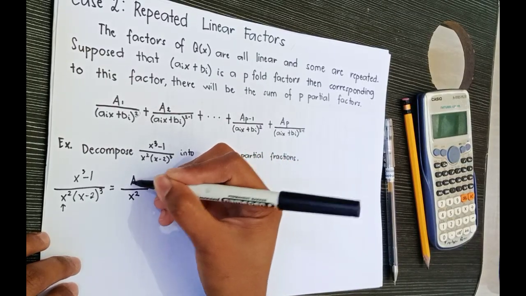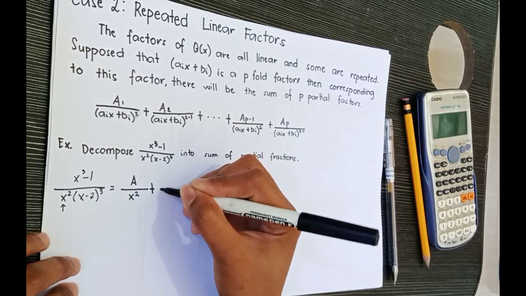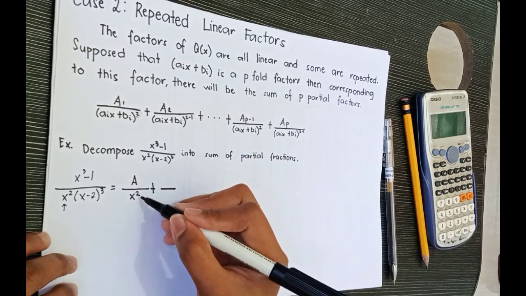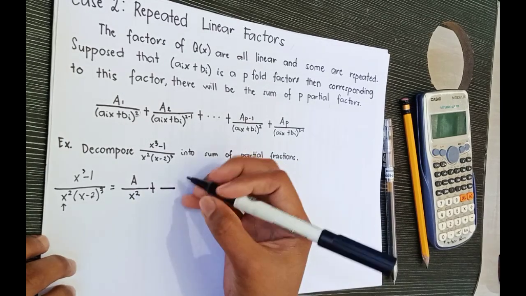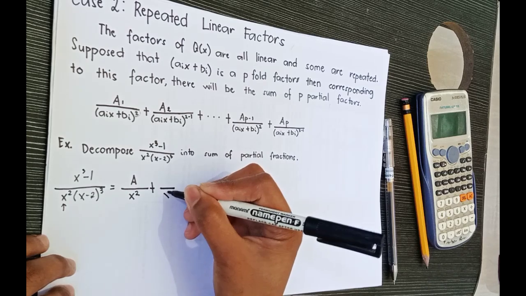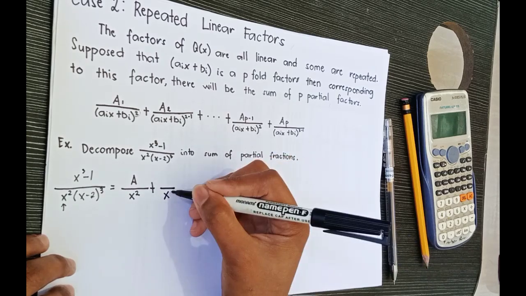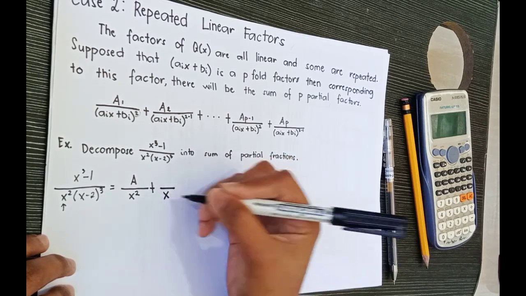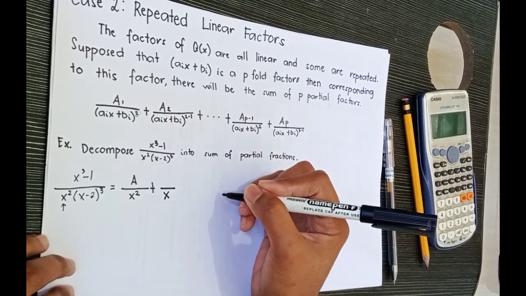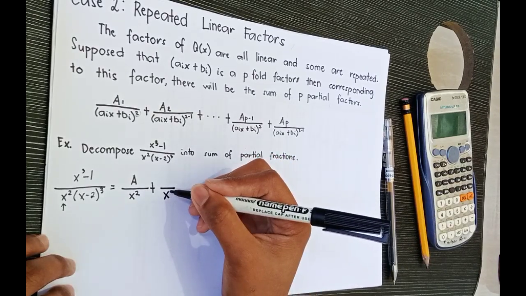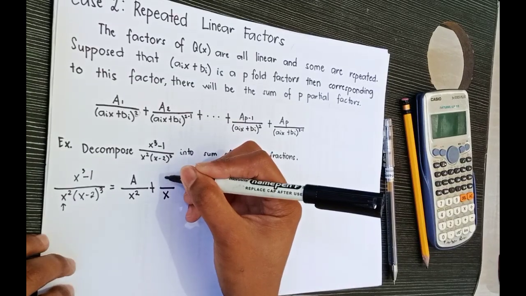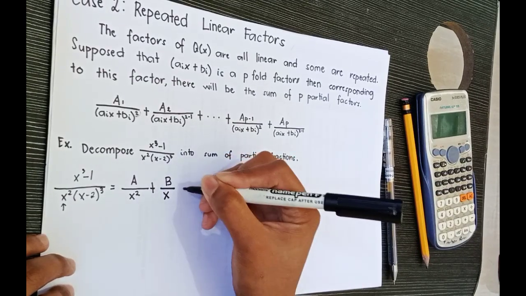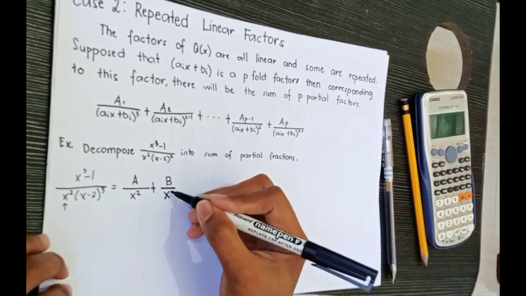So, let's say A. Plus, now we deduct 1 from the degree of x. So we have x raised to 2 minus 1, or simply x. We put a constant in the numerator again, let's say B, and we stop here.